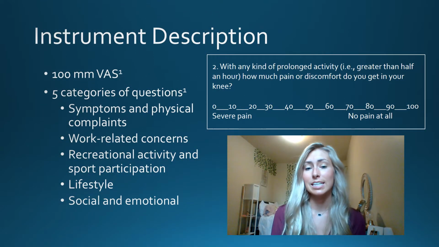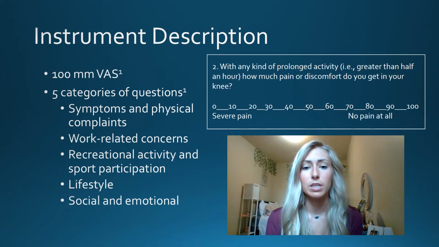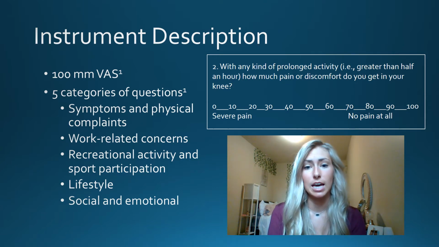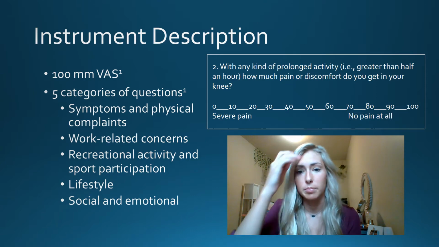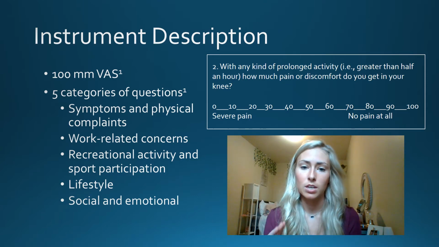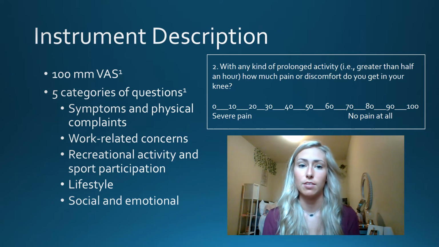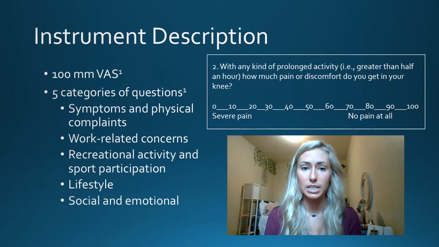So the questionnaire is designed specifically for those with ACL tears, and it consists of 32 questions that use a 100 millimeter visual analog scale. And so there's 5 categories of questions, and the first category is symptoms and physical complaints, which has a total of 5 questions.